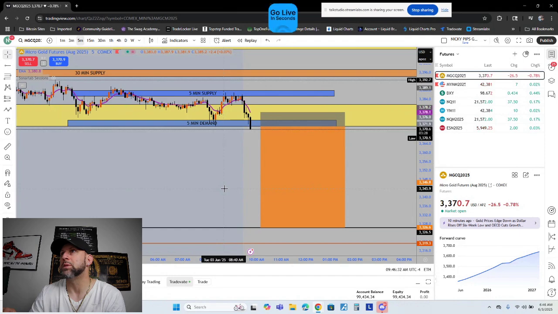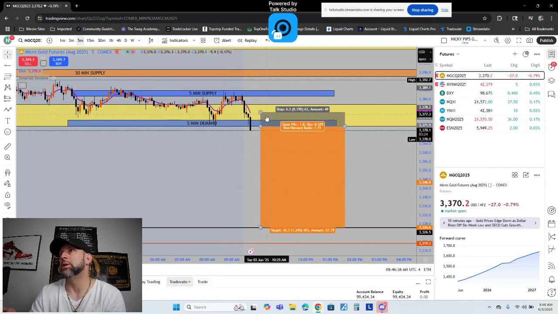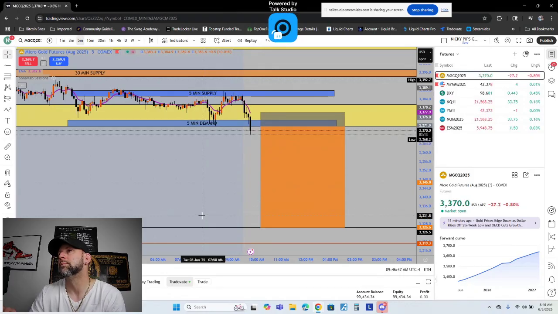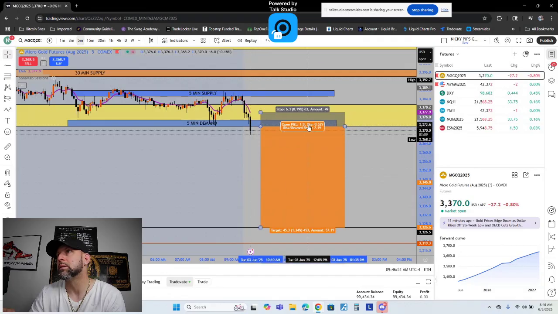Typically with these trades, it's very easy. When you see this, you just want to get in, and then it goes right back into this range. So it just broke. So there you go, I got a little bit of a pullback.